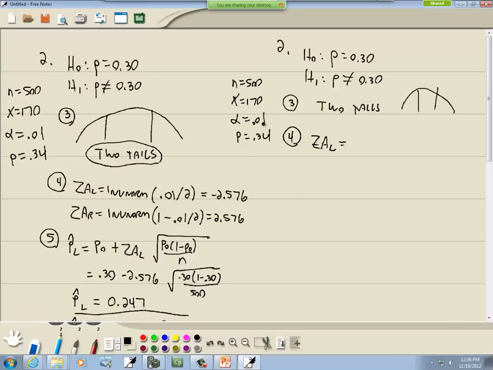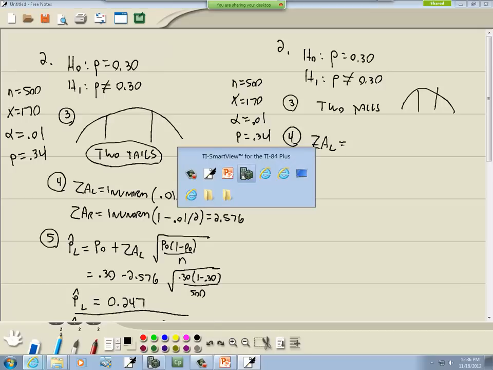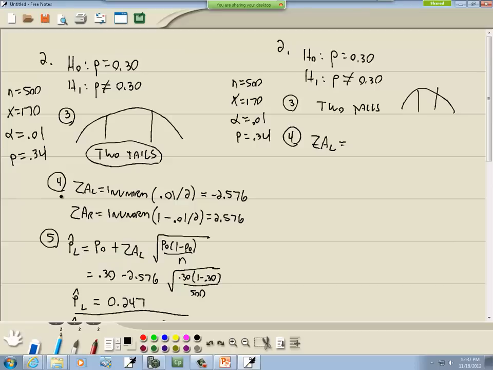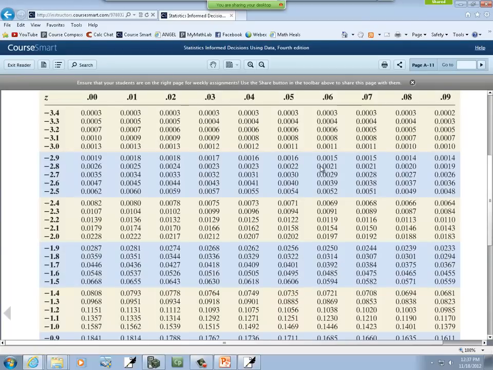Well, alpha is 0.01. Divide that by 2, and that's 0.005. So let's go look up 0.005 in our table. And it looks like it's halfway in between 0.0051 and 0.0049. So I come over here, my first part is negative 2.5. Maybe I was wrong. Maybe they would take that to 3 decimal places.